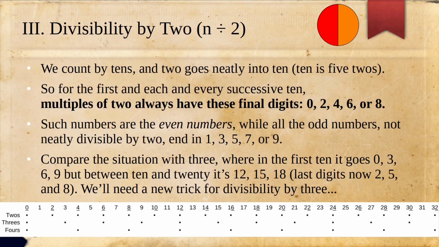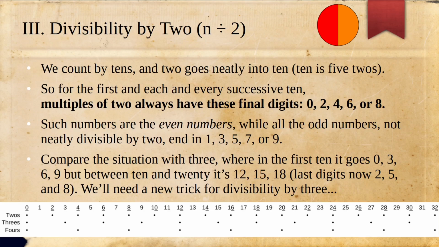For example, you hit 6 when you count up by 2 3 times, or when you count up by 3 2 times, but you miss it when you count up by 4s. 12, on the other hand, you can count up to by all 3. It's 6 2s, 4 3s, and 3 4s. You could also count up by 6s, which I don't show here, and 12 is 2 of those.